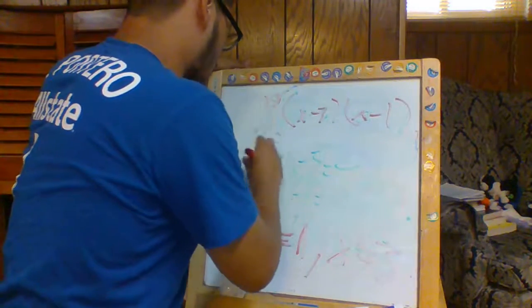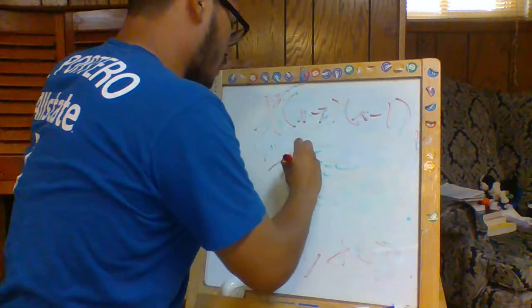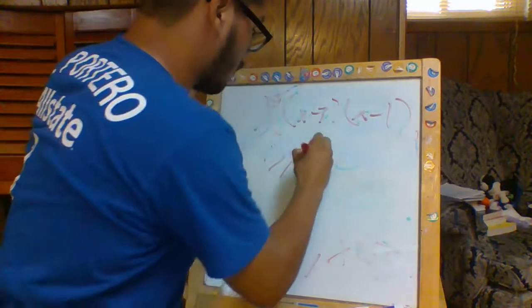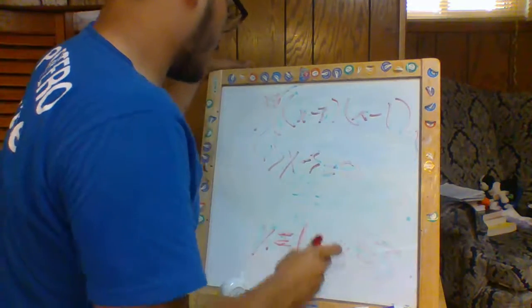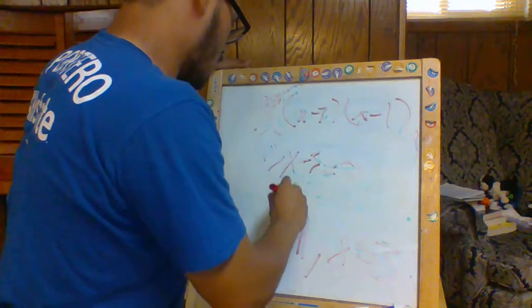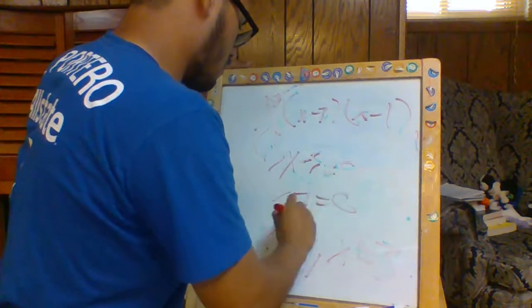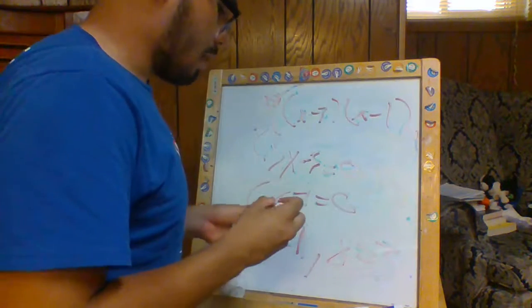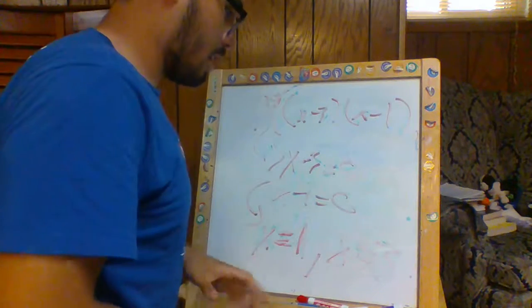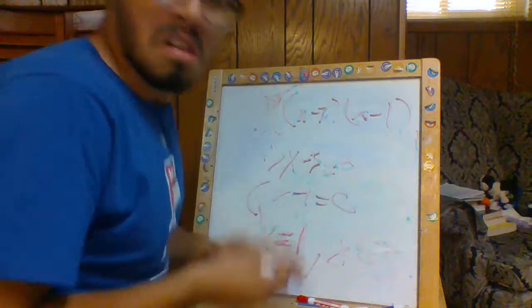And then after you got rid of the 9 for being the greatest common factor, you got x minus 3, x minus 1 is equal to 0. And then you went down there, and x is equal to 1, and x is equal to 3.